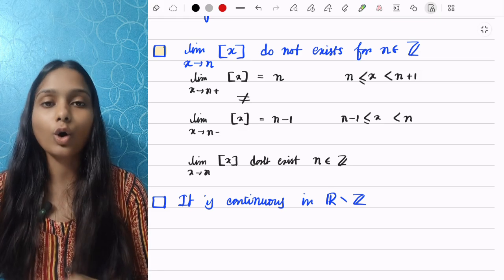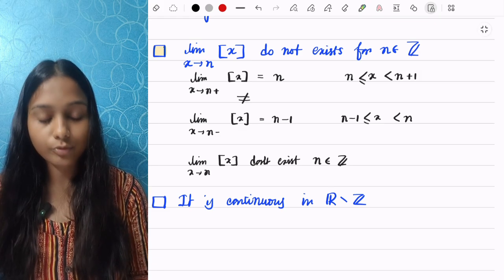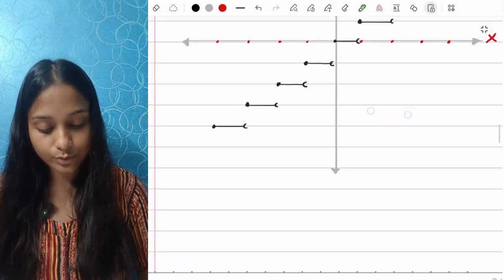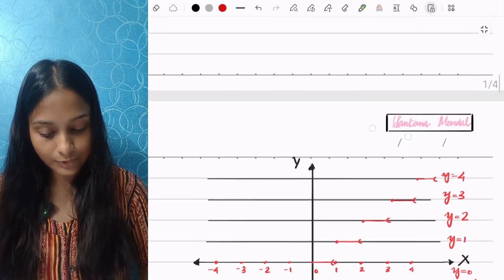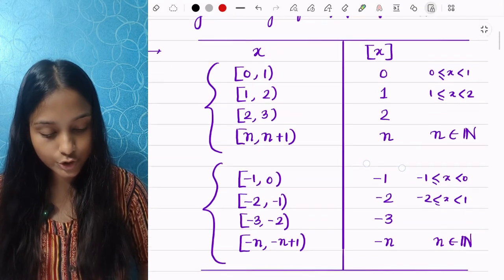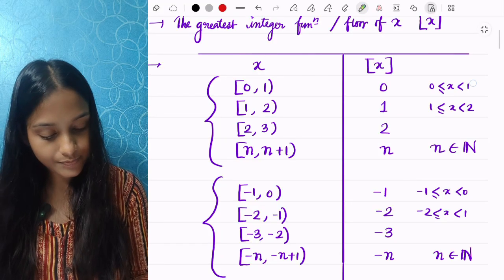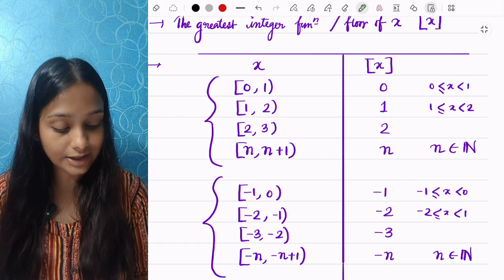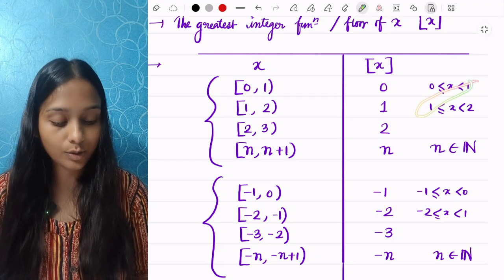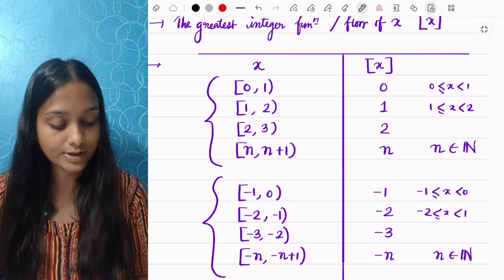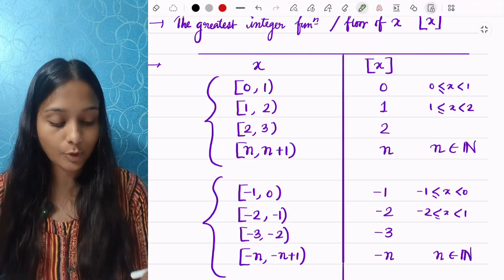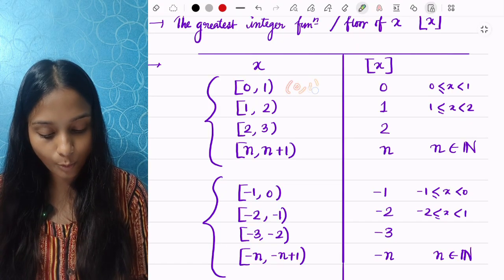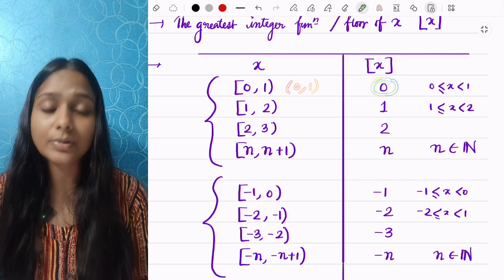Okay. So for all the other values, like the non-integer values, let me show here. There are breaks at the integer points, right? There is a break at 1, a break at 2 integer points. In between those integer points, like when we consider the open interval 0 to 1, in that case the value is simply 0.